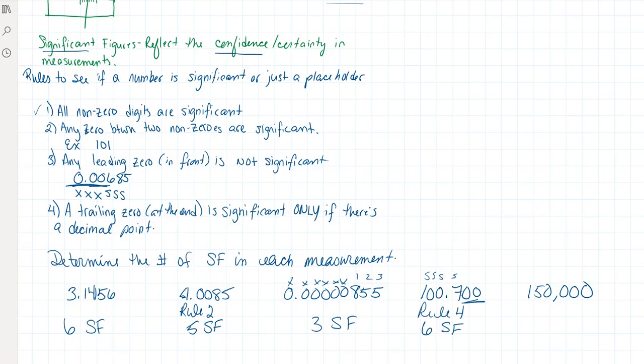Conversely, a similar rule has to be applied in my last example. With 150,000, I have 2 digits that are not zero, so they're automatically significant. These last 4 zeros are not significant, and the reason they're not significant is because there's no decimal point. So I would say that there are 2 significant figures.